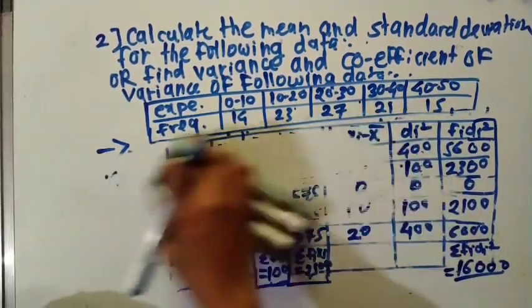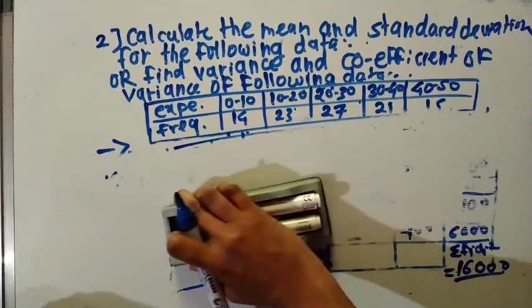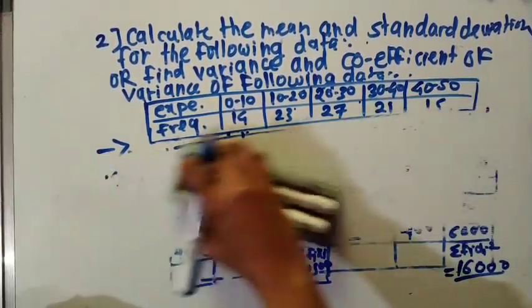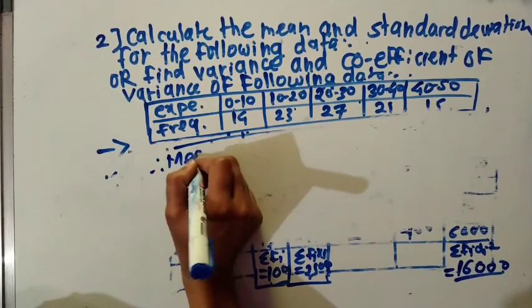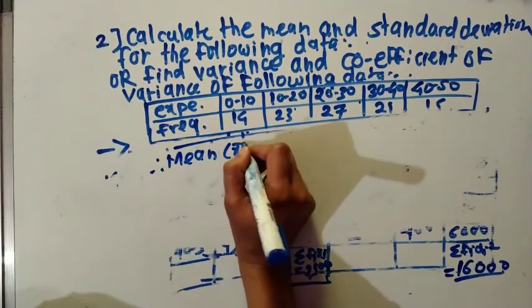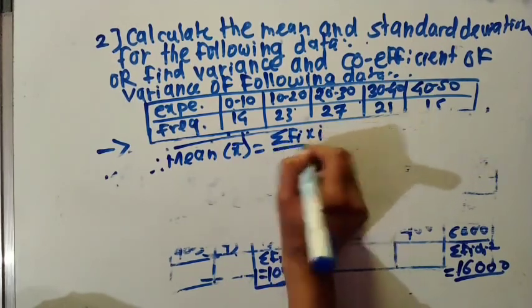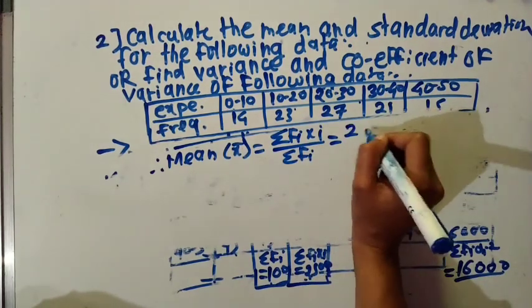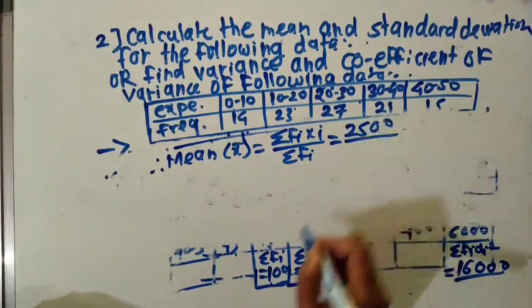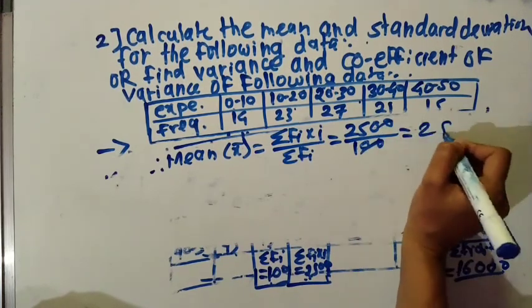Then write down the formula for mean. Hence mean x bar is equal to summation of fi xi upon summation of fi, which is equal to 2500 upon 100, which is 25.